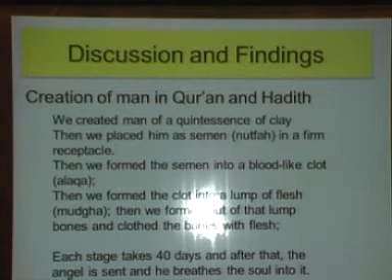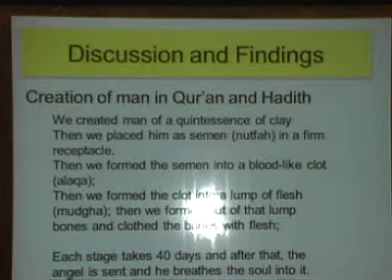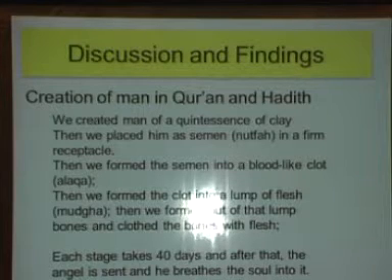And then it becomes mudga. The Quran does not mention how long each stage takes, but according to the Hadith, each stage takes about 40 days. That means after 120 days, the ensoulment will happen. An angel is sent, and the soul is breathed into this embryo. This is the majority view.